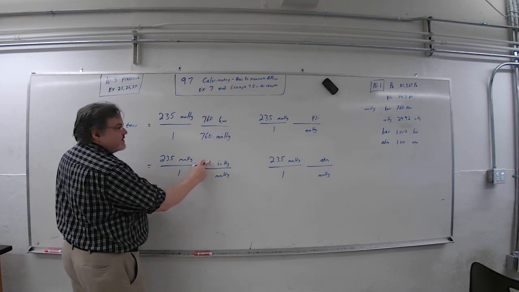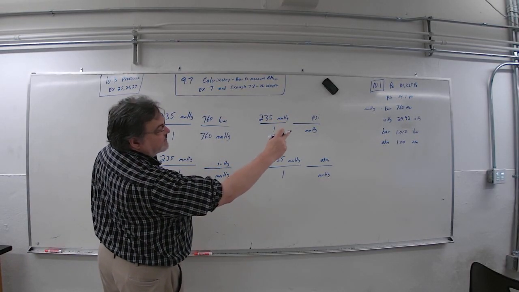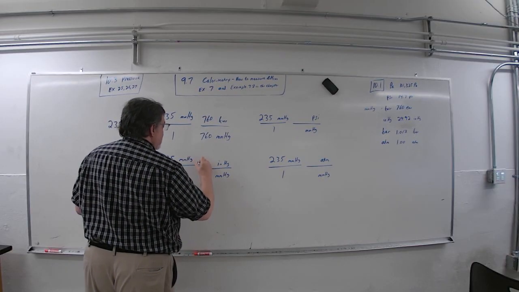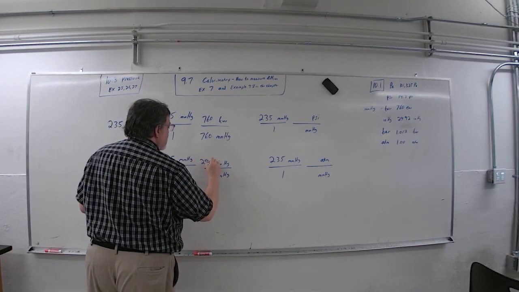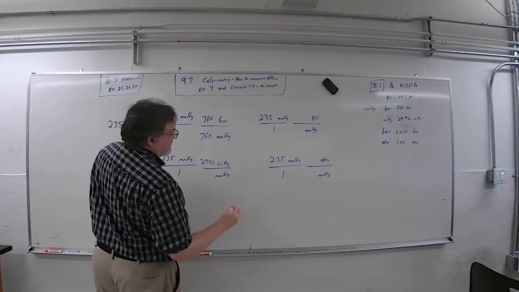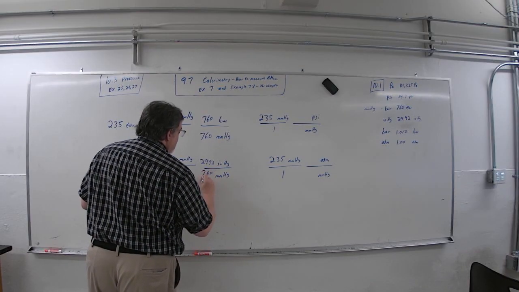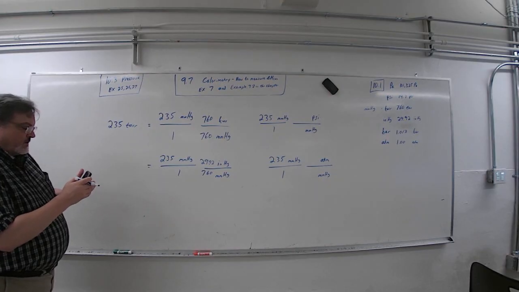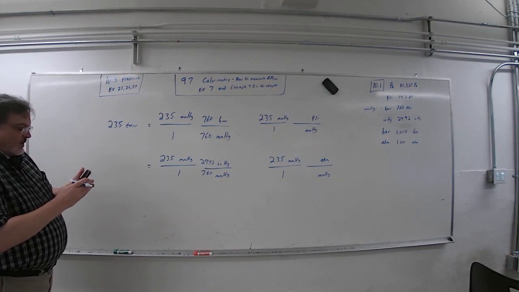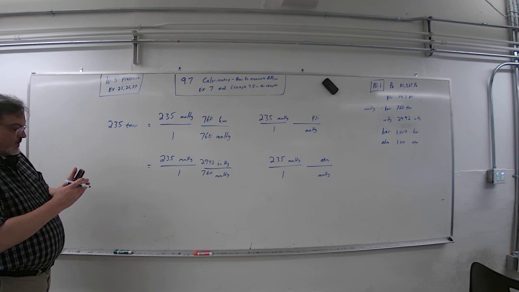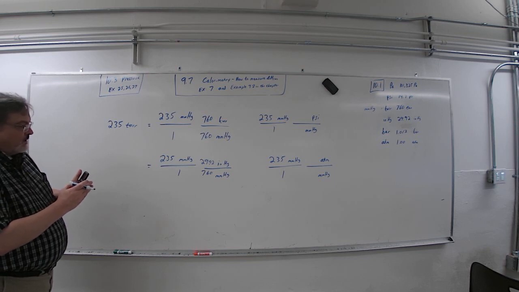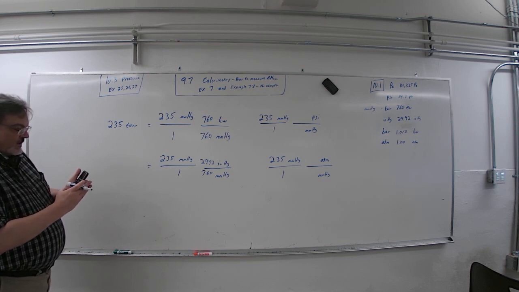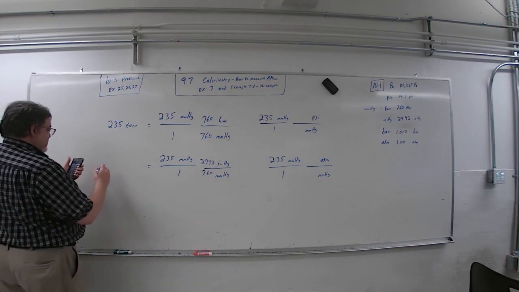If I wanted inches of mercury, I get the inches of mercury from over there, 29.92, and millimeters is 760. So that is 235 times 29.92 divided by 760.